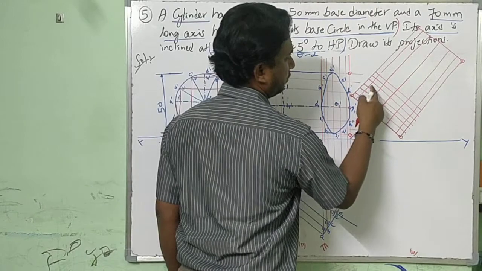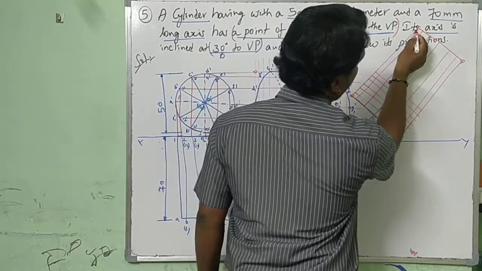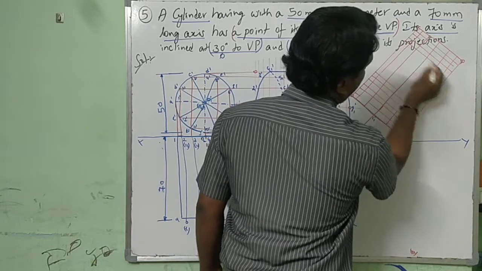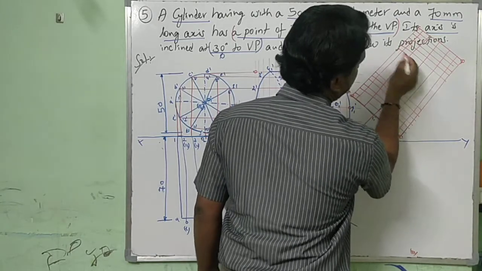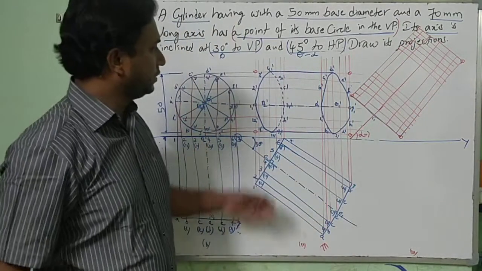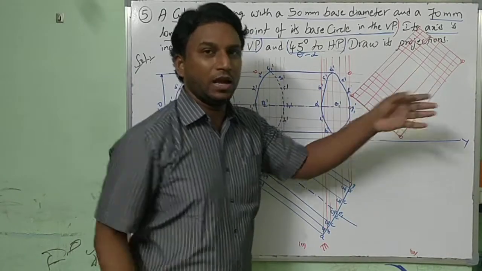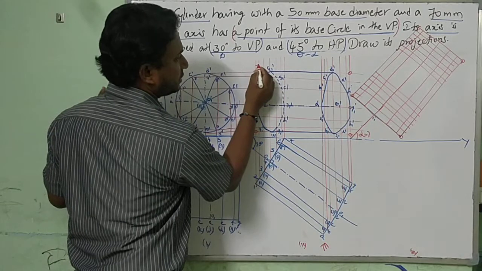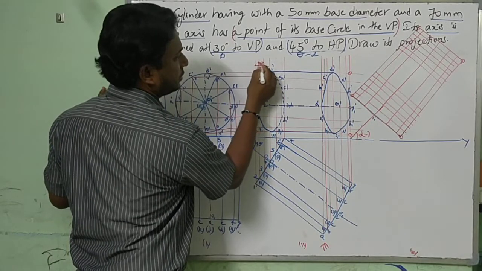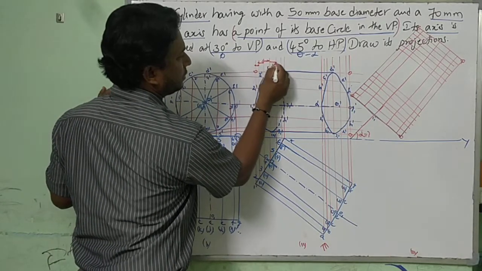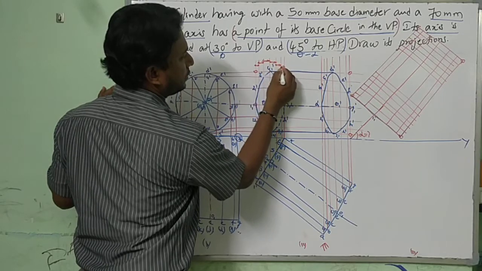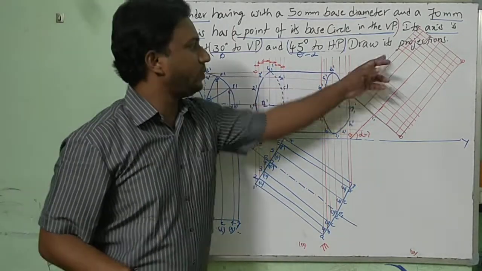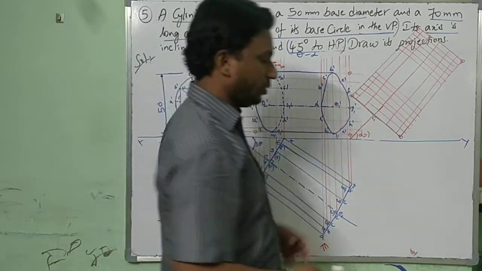Now from top, 1, 2, 3, 4, 5, 6, 7. Boys, see, just don't draw blindly at some regular distances. You have to measure this distance. With the help of compass or with the help of scale, those distances are to be maintained here.